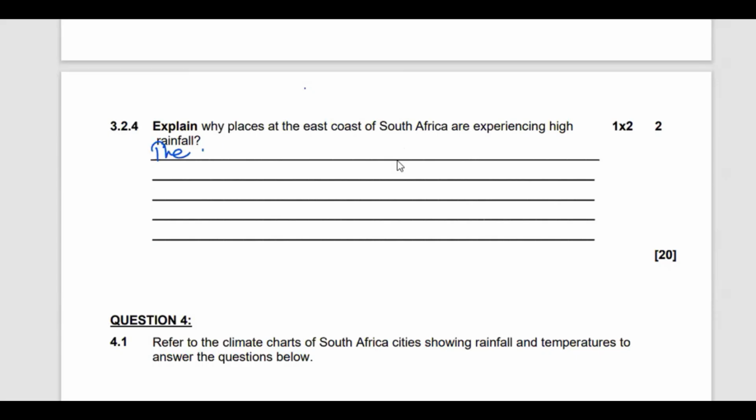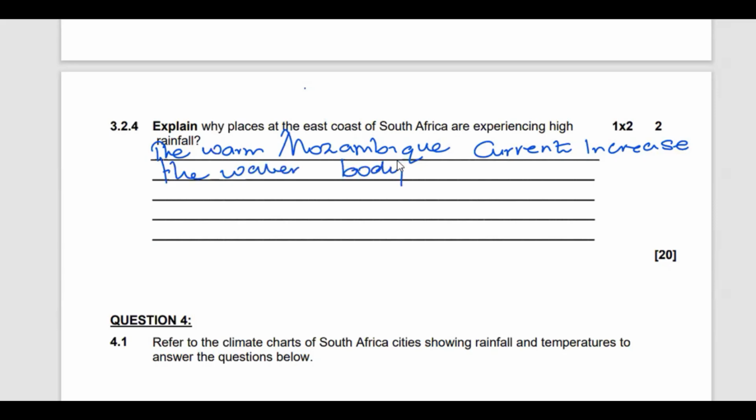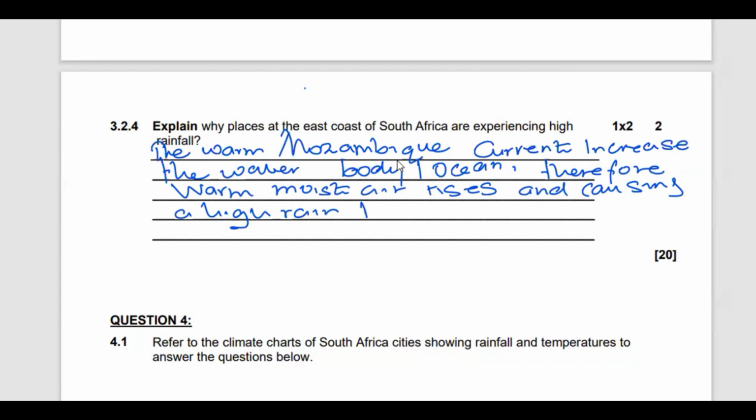We talk about the warm Mozambique current increasing the water temperature of the ocean, therefore warm moist air rises, causing high rain to fall at places on the east coast.